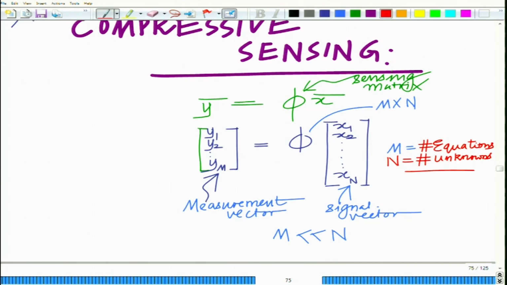Simple, high school level linear algebra tells us that one cannot reconstruct the vector x bar of length n, which comprises n unknowns, from simply m equations. So, this is an underdetermined system, and one cannot uniquely determine x bar. Therefore, this sensing system has to satisfy certain special properties in order to recover x bar from the observation. What are those properties? That is what we want to look at.